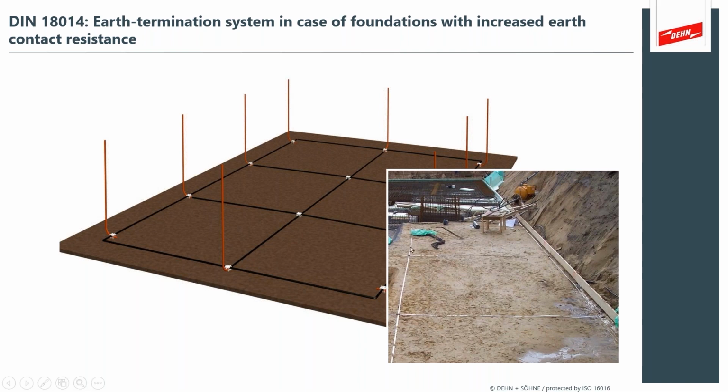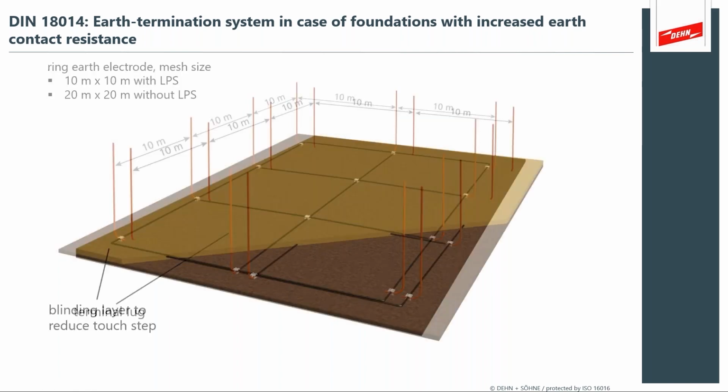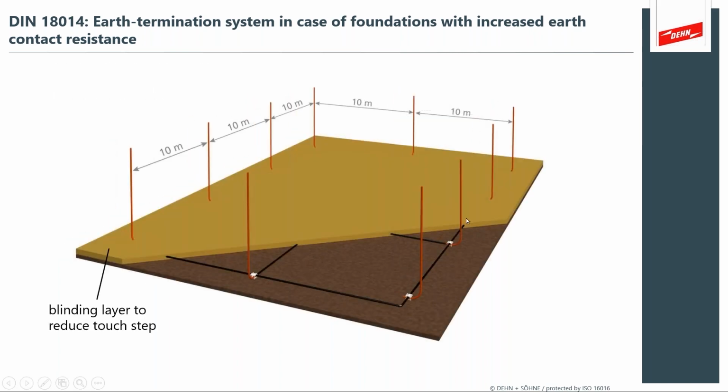This is what that might look like in practice, where you've got the initial 10 by 10 meter grid, because for the intent of using this as an LPS system, you need to have a 10 by 10 meter grid. You've got your vertical risers coming up so that in the future you'll be able to connect to your LPS. Then you put a blinding layer to reduce some of the touch step potential issues that you're going to see within your building.